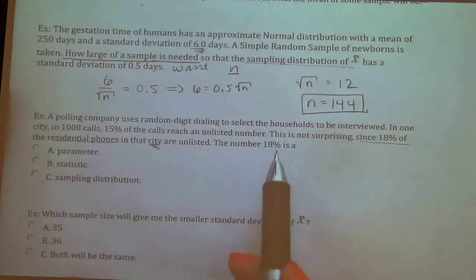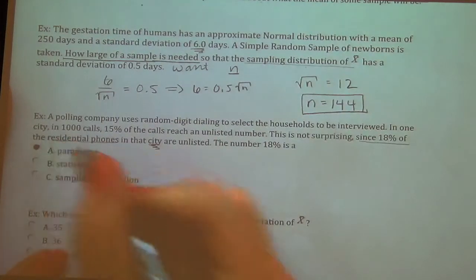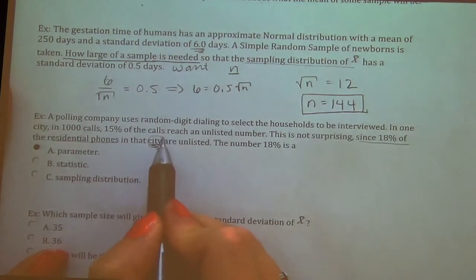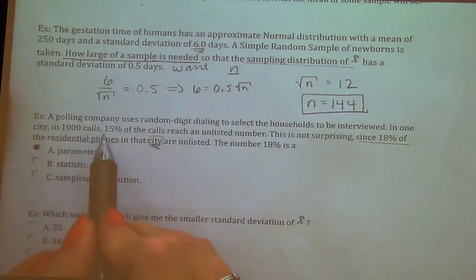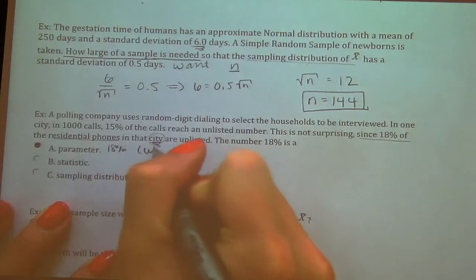So we're figuring out what the number 18% is. The number 18% would be a parameter here, because we're looking at the entire city and not just that sample of 1,000 calls.